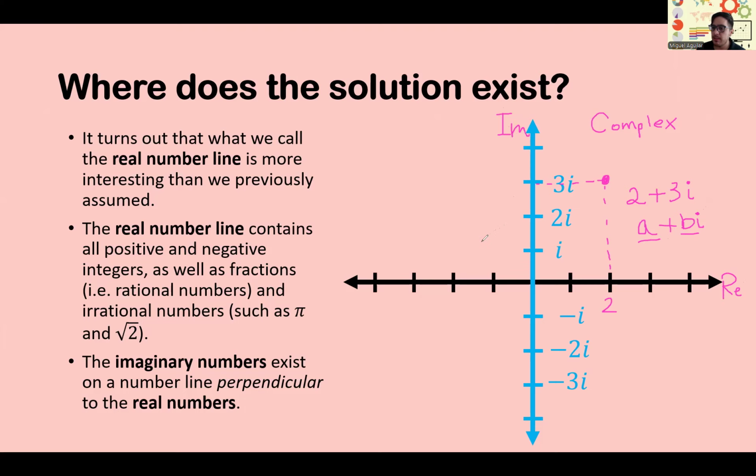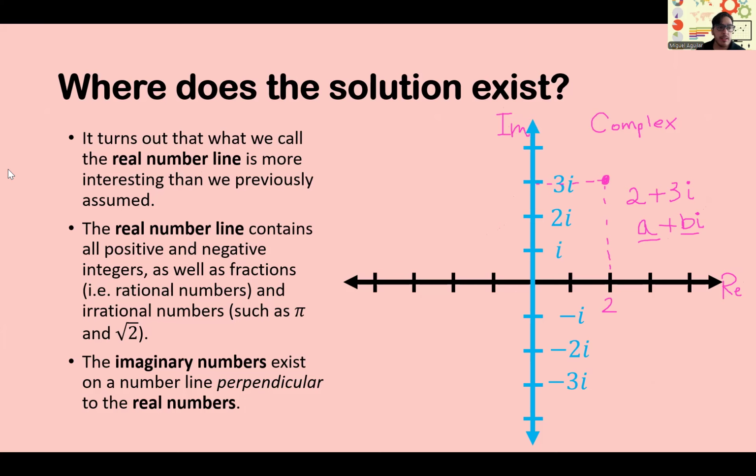Okay. So again, I think that's really cool thinking that hidden in plain sight, the number line is actually more complicated, and we have this hidden dimension, and that's actually where all the imaginary numbers live.